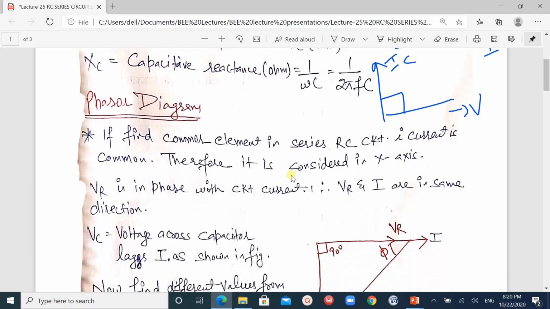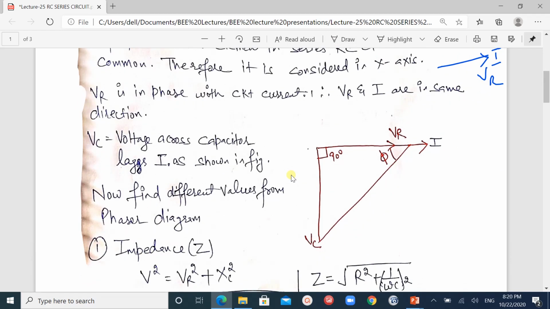VR is in phase with the current, that is VR and I are in the same direction, as I have told you earlier that VR and I are in phase with each other. Then VC is the voltage across the capacitor.